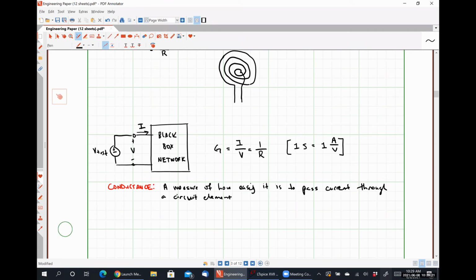All right, so we are going to talk about conductance in this class literally right now, and that's about it. And the reason for that is I've taken oodles and oodles of electrical engineering classes.